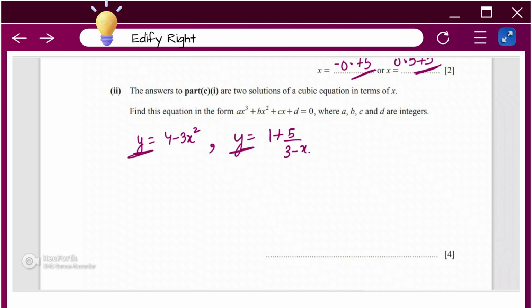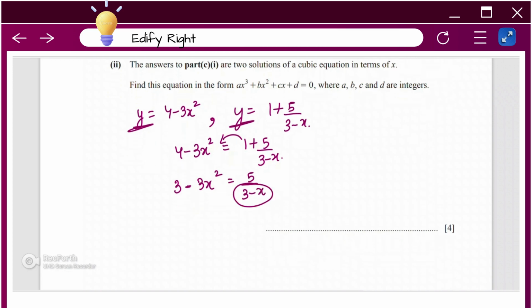So you can just equate these two because both of them are pretty much equal to y. So you get 4 minus 3x squared equal to 1 plus 5 by 3 minus x. Let's take this one to the other side. You get 3 minus 3x squared equal to 5 by 3 minus x. Let's take this denominator to the other side. You get 3 minus 3x squared into 3 minus x equal to 5.